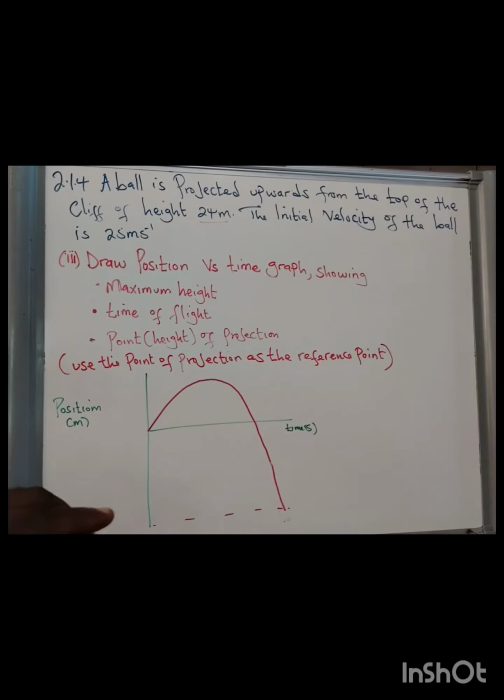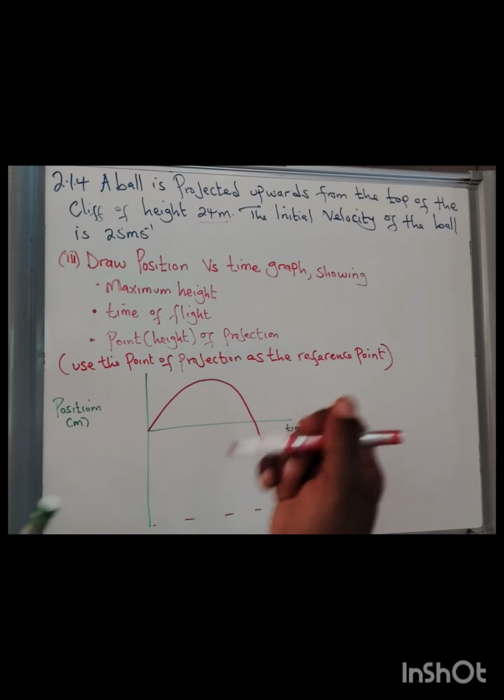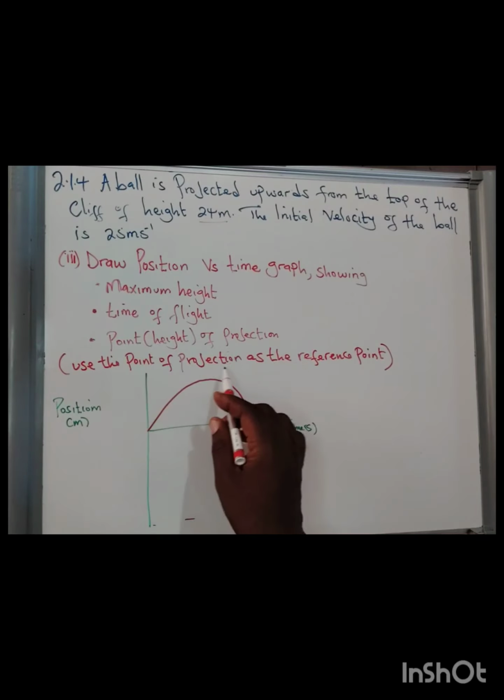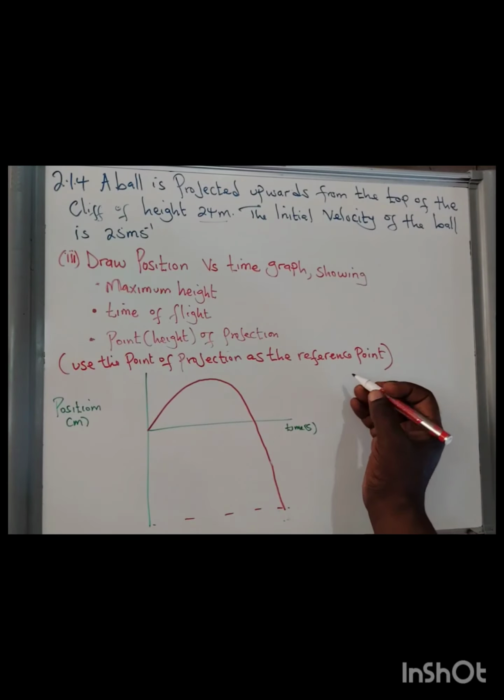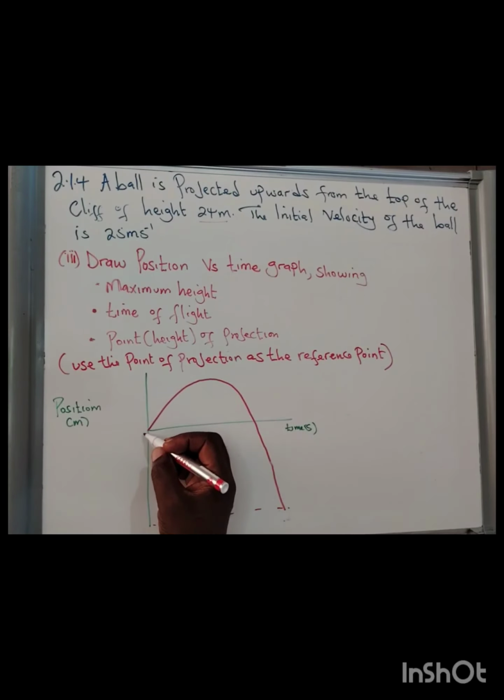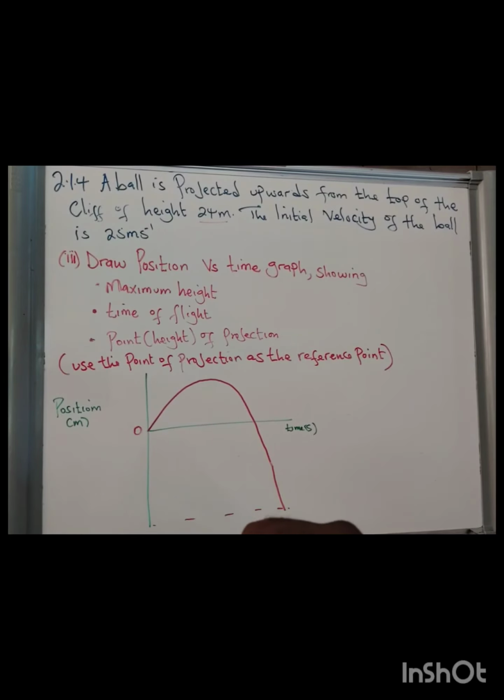So from there, what do we do? There is this word here. Use the point of projection as the reference point. I want to remind you that this is the point of projection and it is the reference. Reference means that is where we start measuring from.